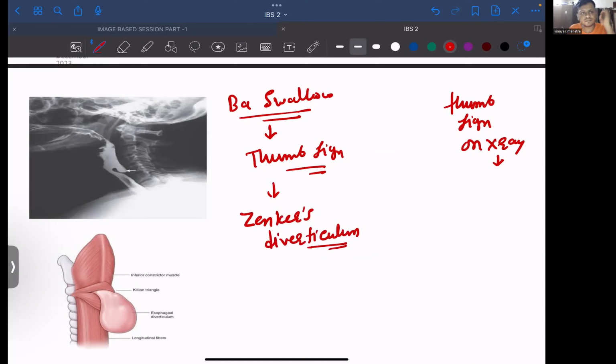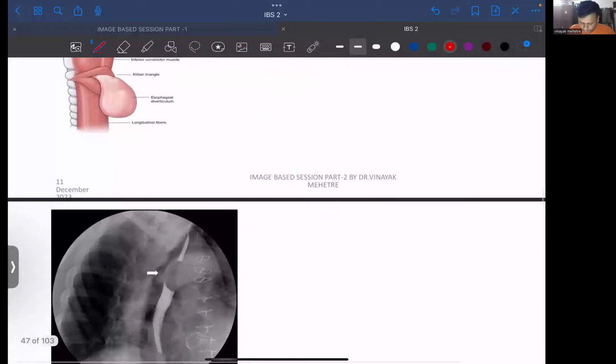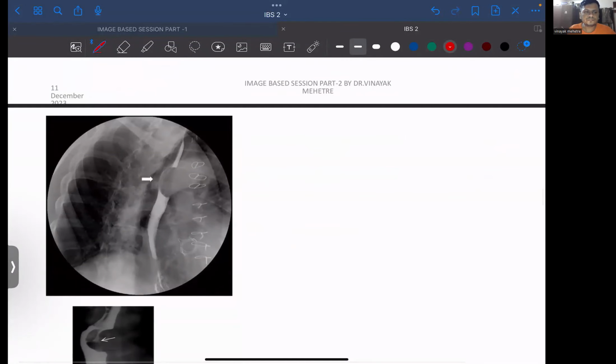And if you are seeing thumb sign on x-ray, that means it is acute epiglottitis. Okay, what is Zenker's diverticulum? We will study in ENT. So I am skipping it for now. It looks like this.